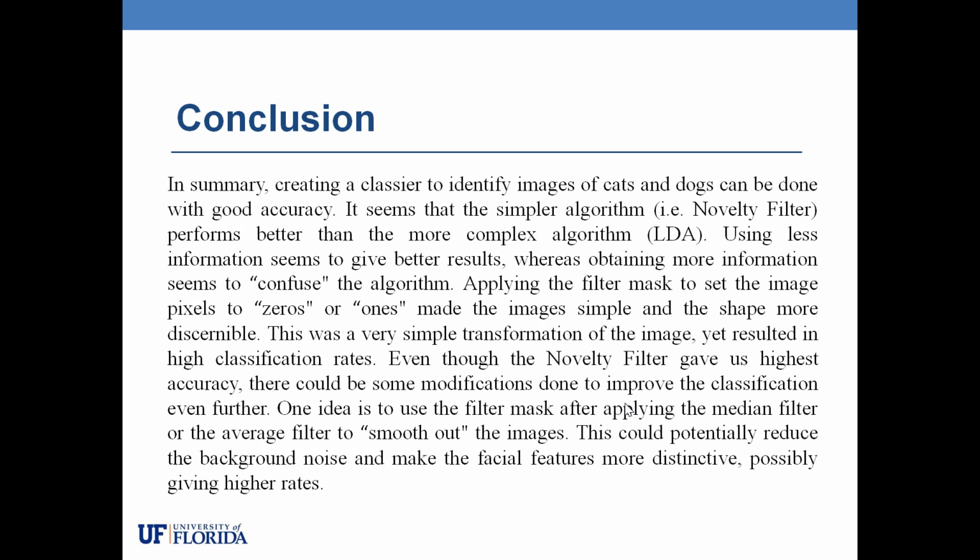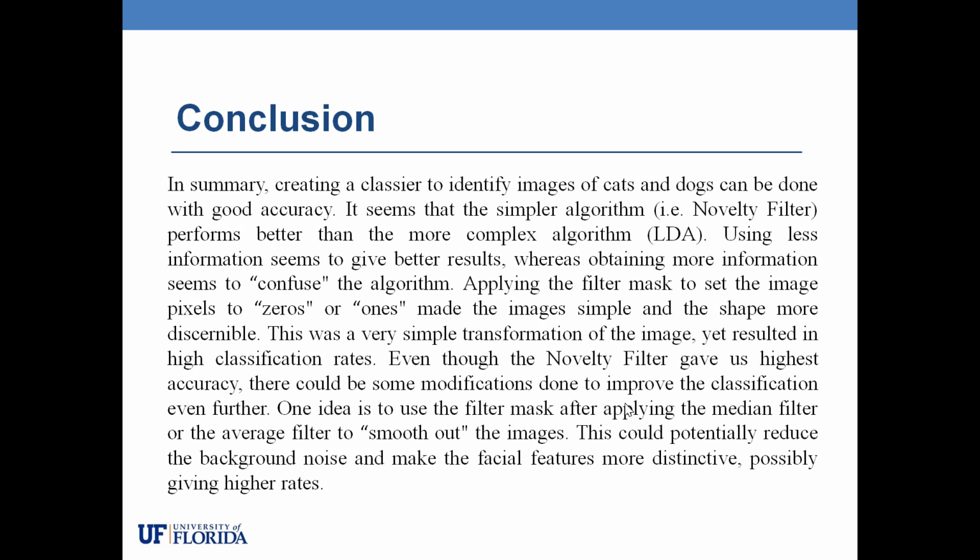Applying the filter mask to set the image pixels to 0 or 1 made the image simpler and the shape more discernible. This was a very simple transformation of the image, yet results in high classification rates.